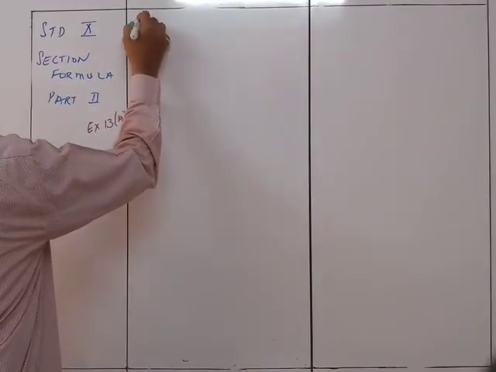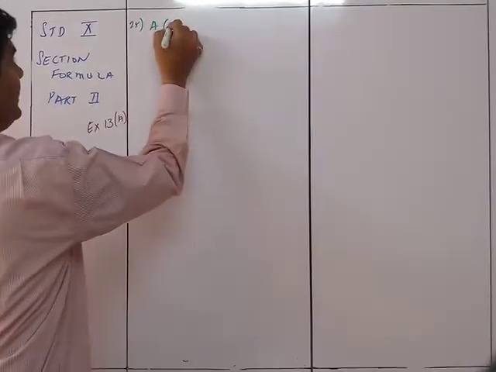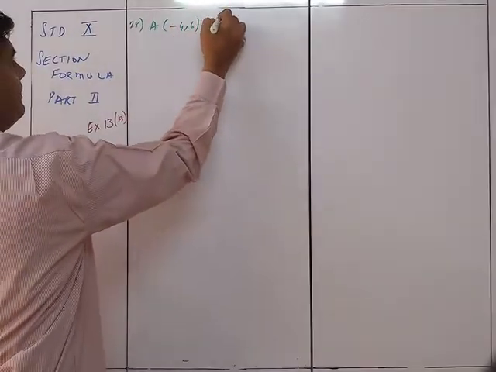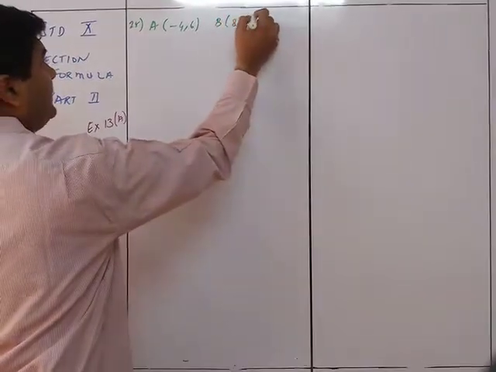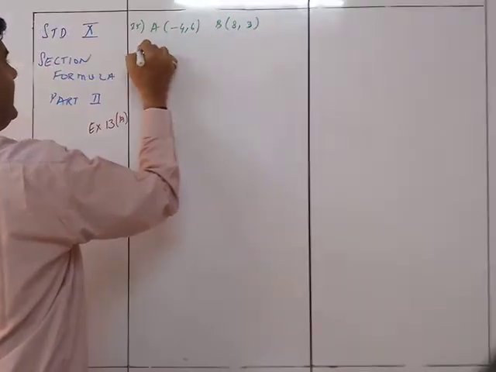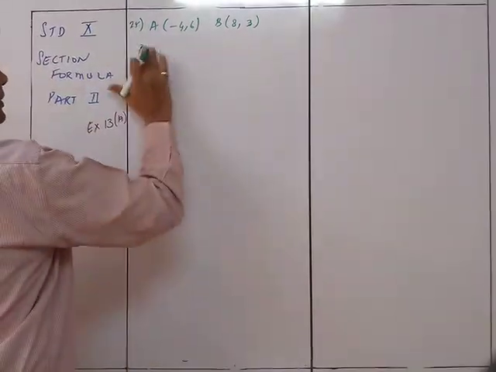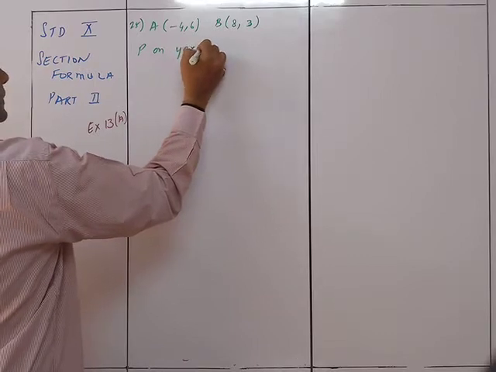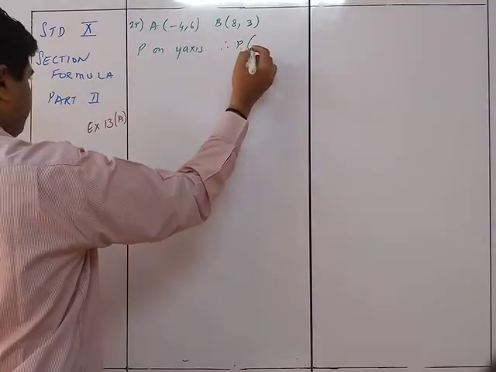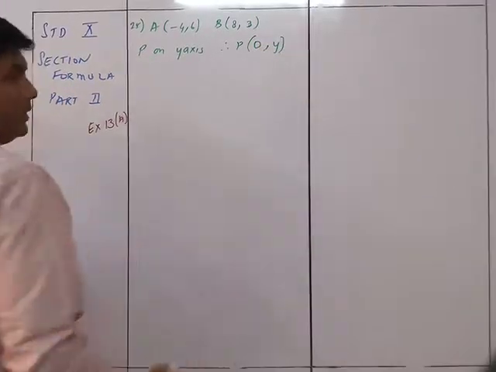So here we got A as (minus 4, 6), B as (8, minus 3), P on the y-axis, therefore P will be equal to (0, y).